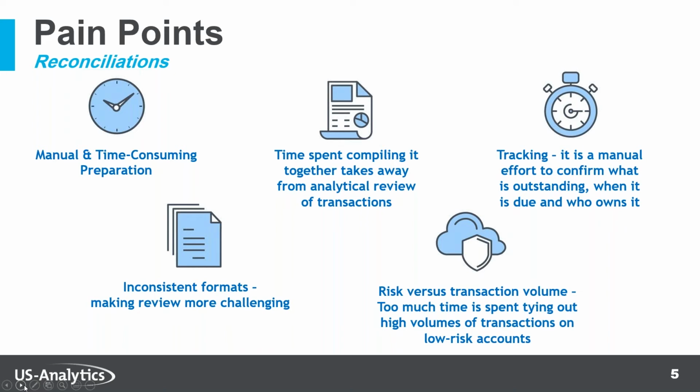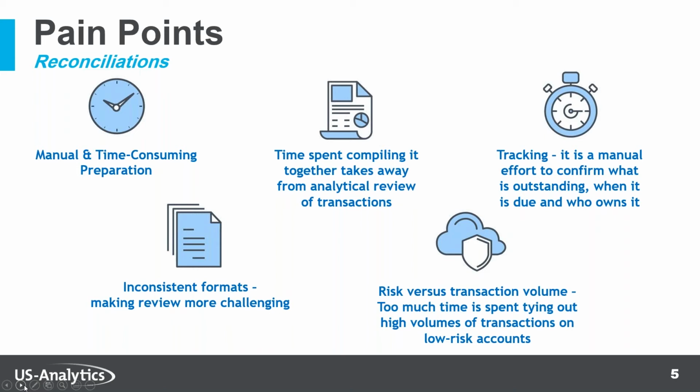And then as far as tracking, whether you're the preparer or the reviewer, companies have notoriously struggled with knowing where the reconciliations stand, who has which reconciliations, which ones are due, which ones are late, which ones are done. So just overall tracking of where things stand.